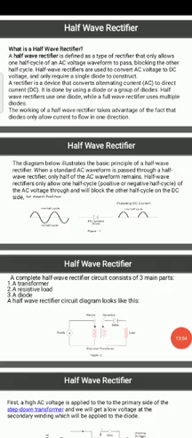Okay, next, the efficiency of the half wave rectifier is 40.6%. Why is the efficiency 40.6%? Because the half wave rectifier converts only one half cycle from AC to DC. The remaining half cycle is blocked.